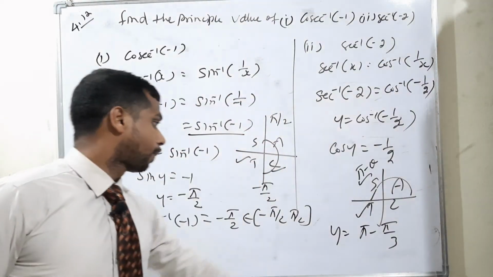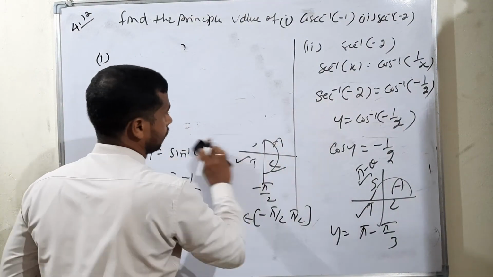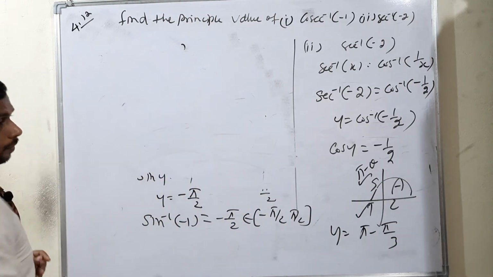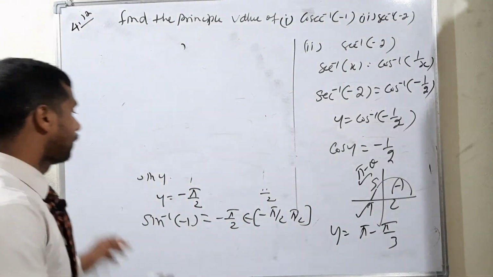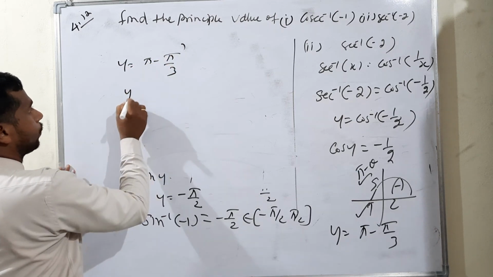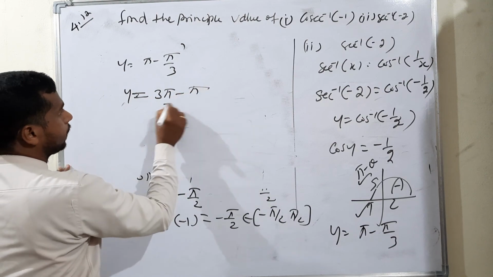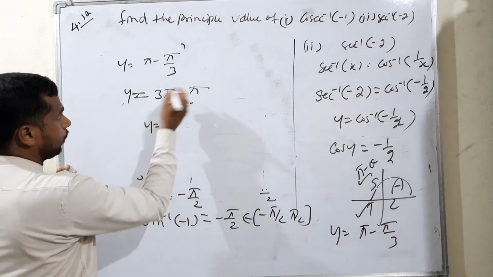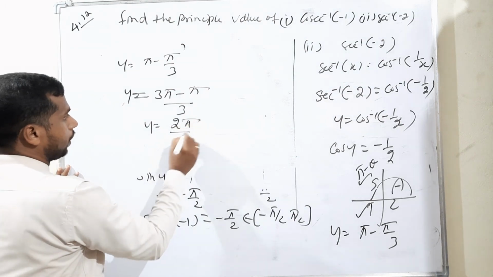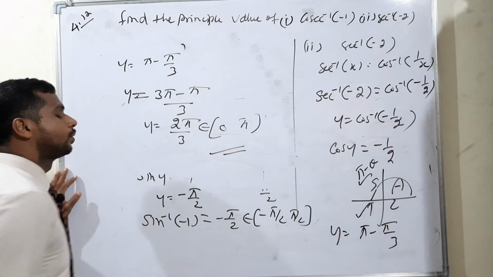How to simplify pi minus pi by 3? Cross multiply: 3 into pi means 3 pi minus pi by 3. Therefore y is equal to 3 pi minus pi, which is 2 pi by 3. It belongs to 0 to pi. Okay, this is the subdivision 2 answer.